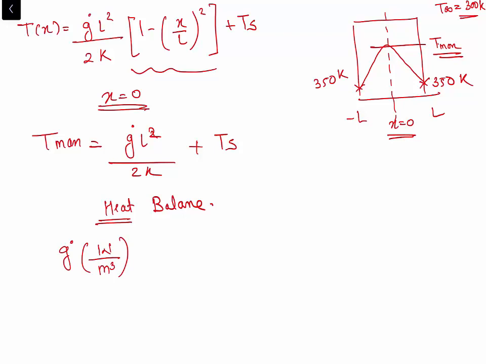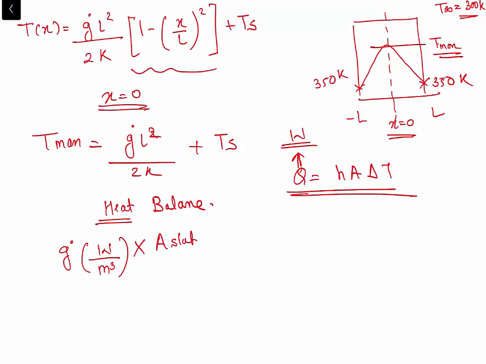Okay, so we know that convection is going on, so Q equals h A delta T, but in the question it is G dot. Here the unit of Q is watt, so we want to convert it. How will we convert? It is the area of the slab into thickness.